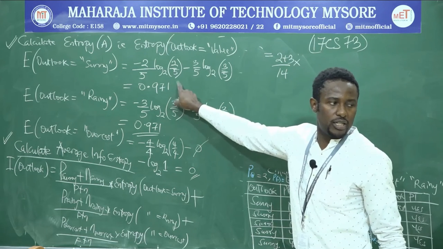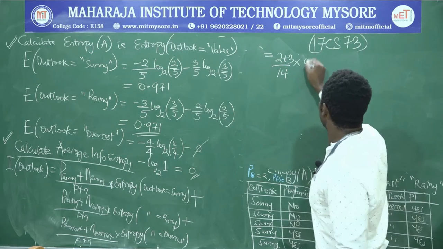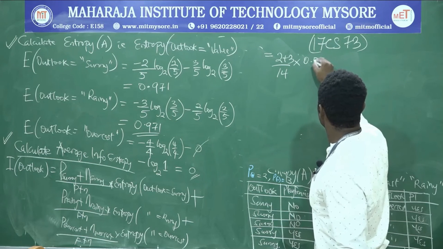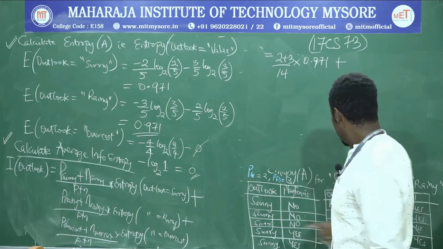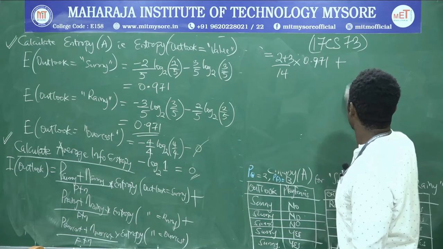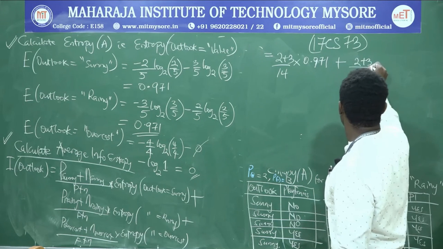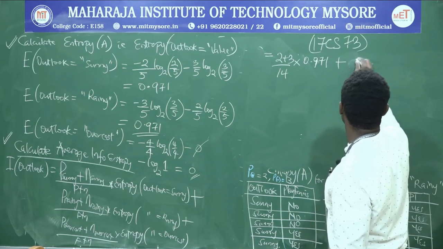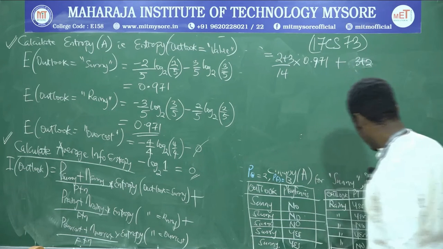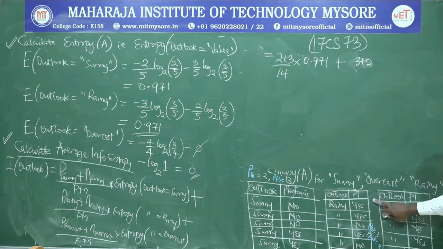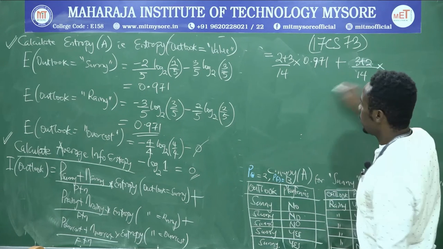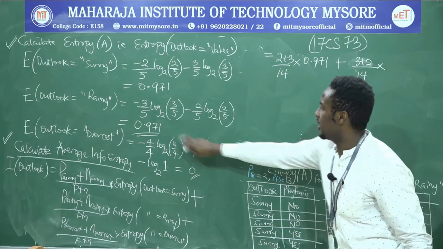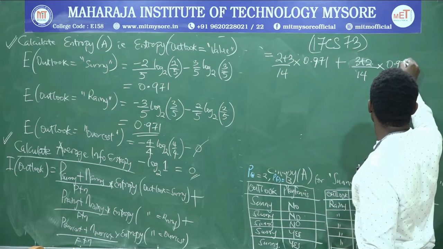Entropy of outlook equals sunny, 0.971, right? Plus, now rainy, which is 3 plus 2. Please remember, positive samples here were 3, negative 2. So 3 plus 2 upon 14 into, again, go back, rainy, 0.971.